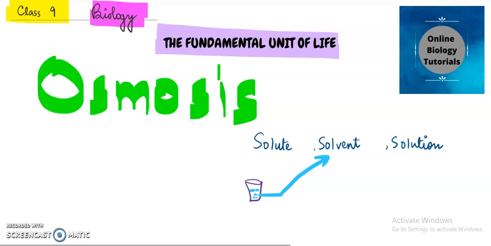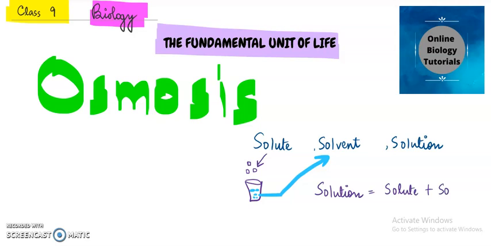Now suppose I am adding sugar crystals to it, then this sugar which I am going to add to the solvent would be acting as a solute. And once your sugar gets dissolved in the water, what do we get? We get a solution. So a solution is formed by the addition of solute to the solvent.